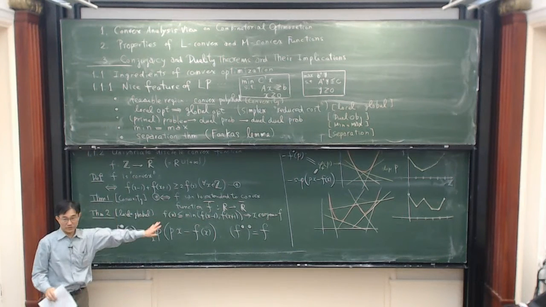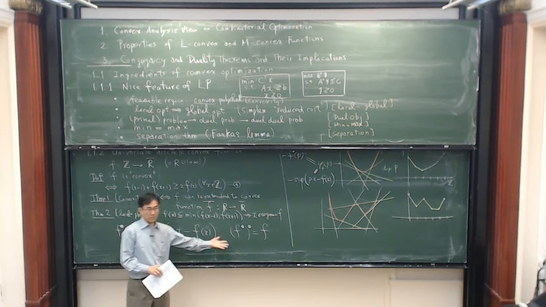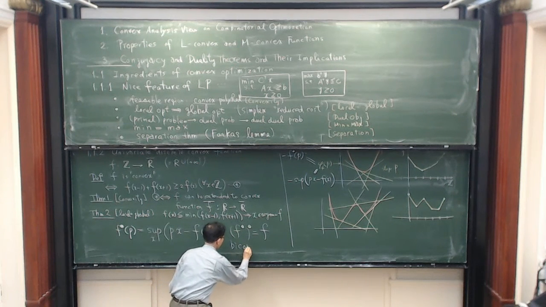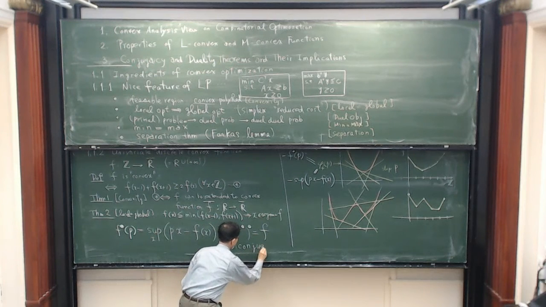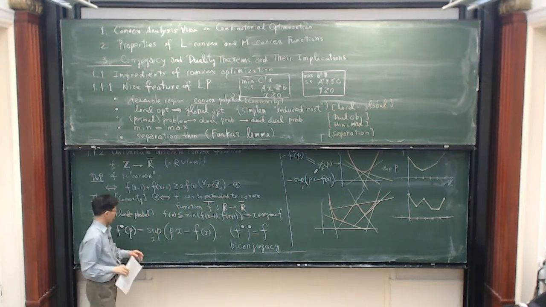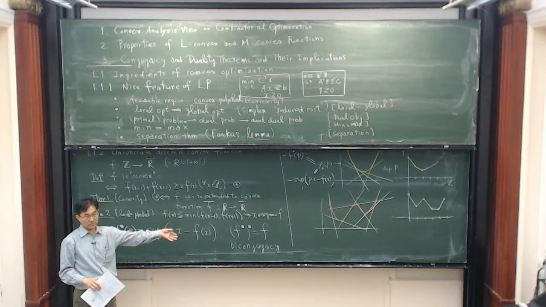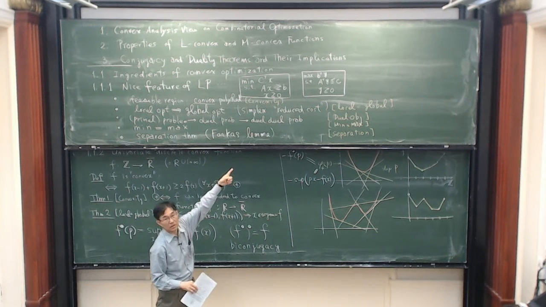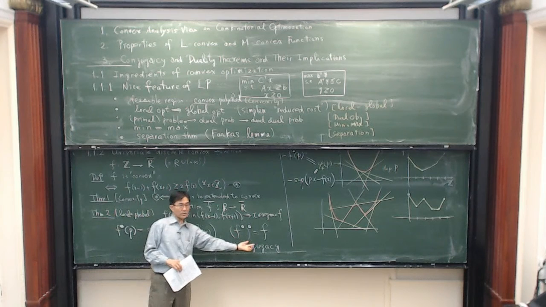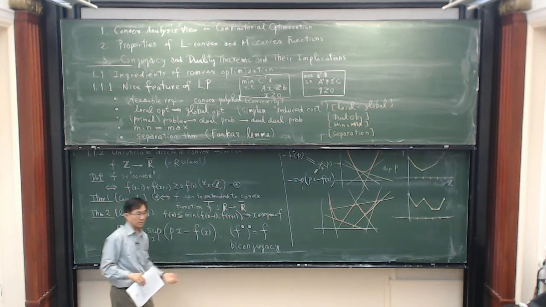Of course, we can prove it. So this is an interesting phenomenon called biconjugacy. In analogy, I could say that starting with a primal problem, you make a dual problem, and you make another dual, then you return to your starting point. This is a famous phenomenon in convex analysis.